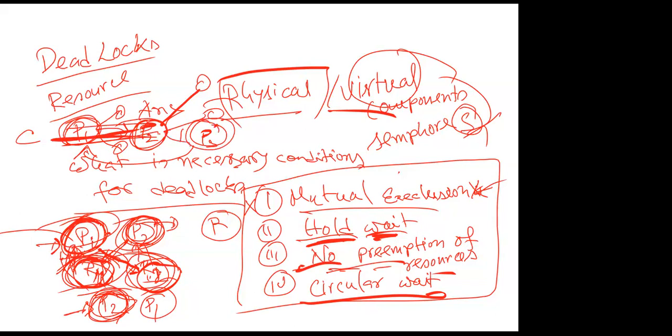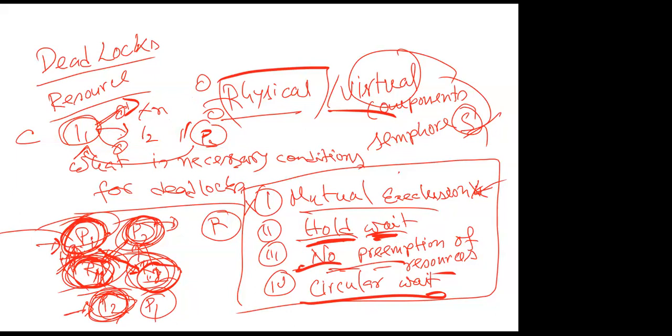You know that once a process completes its execution, it releases all of its resources. So if you break one circle, there is no deadlock.